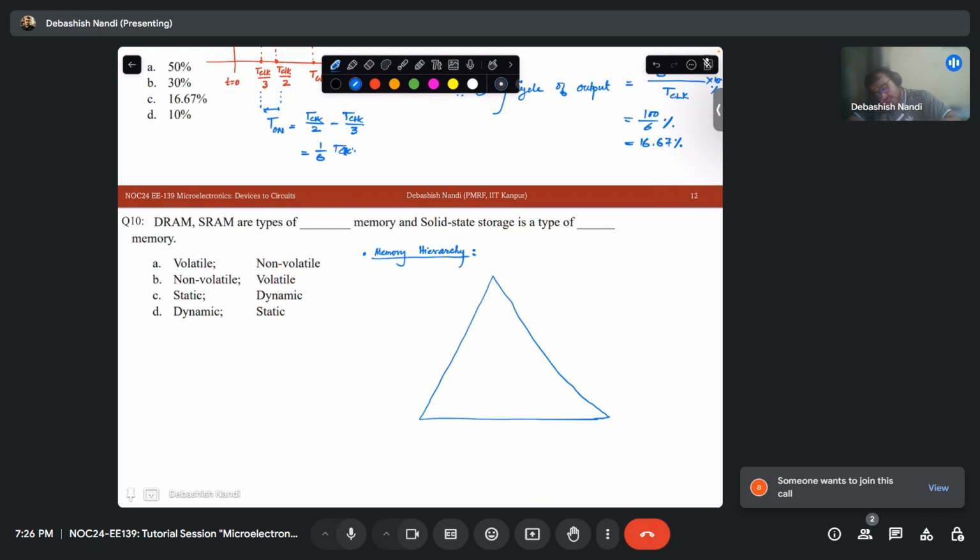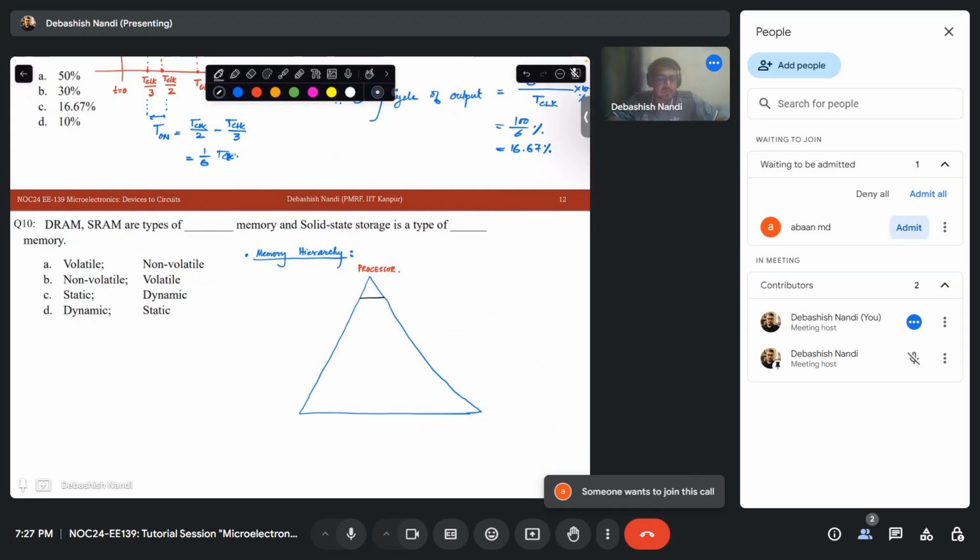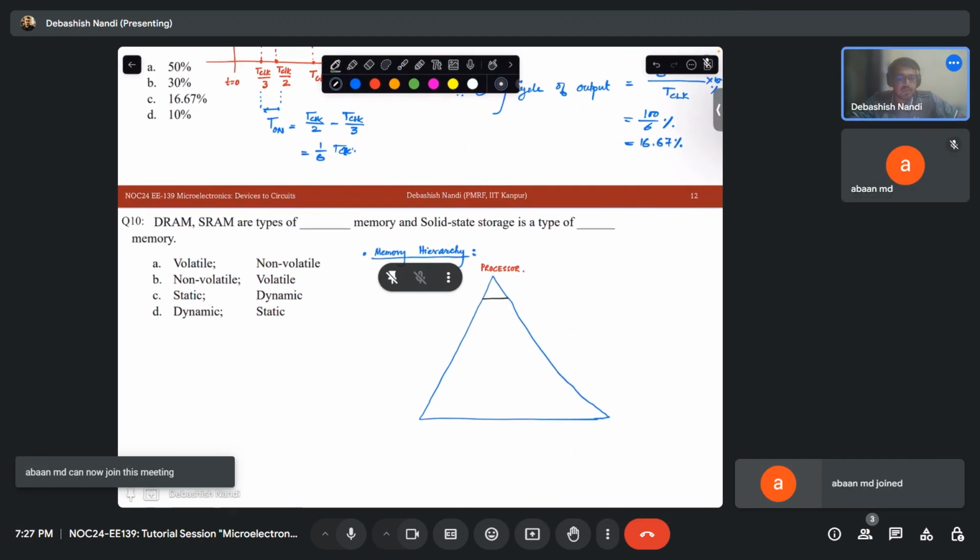So this is your processor. Now memory is divided into multiple levels.